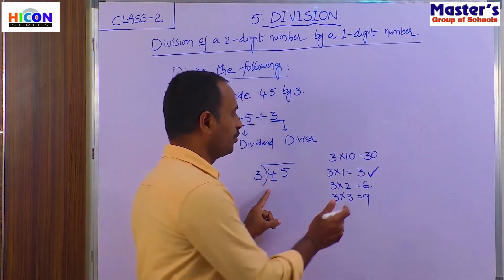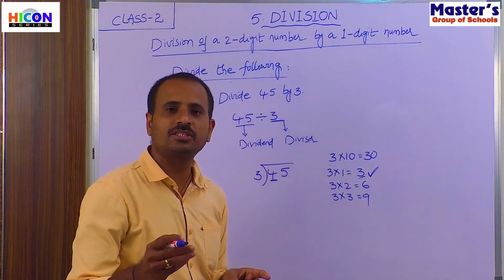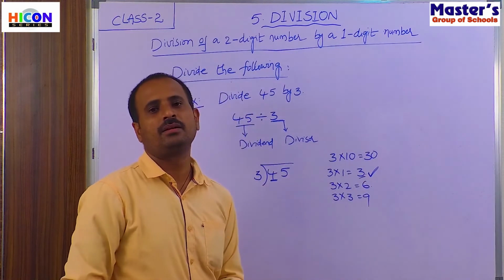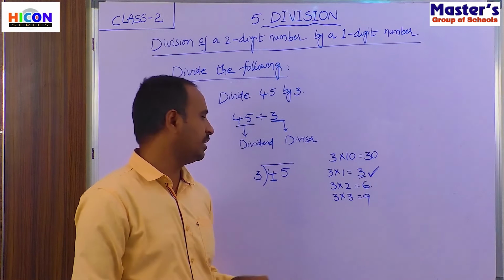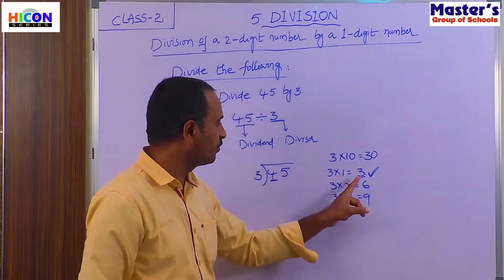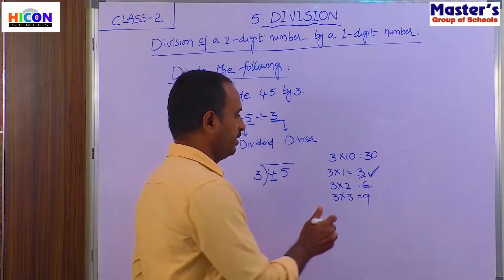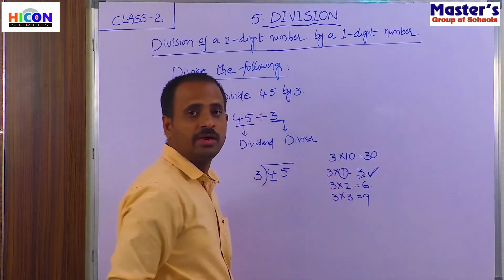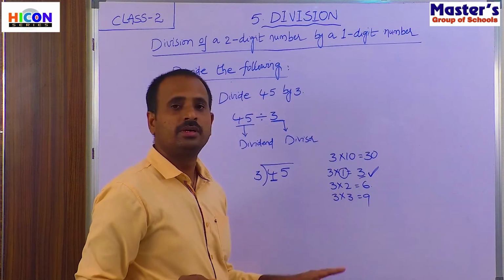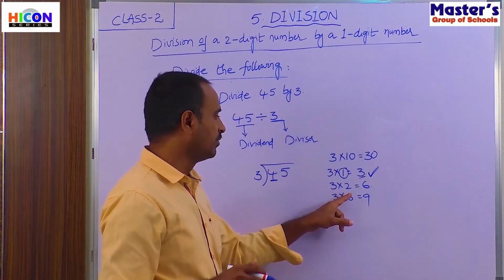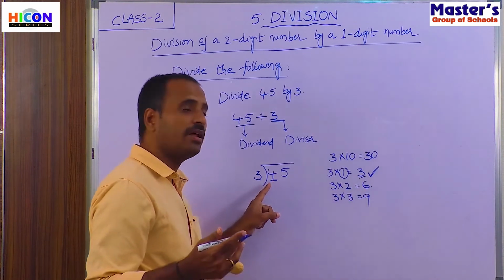The number less than 4 is 3. So we have to take just the number before it. What is the number before 4 here? The number before 4 is 3. So now we have to take 1 time, and we should not take 2 times. If you take 2 times, it will become 6 and it is more than 4.